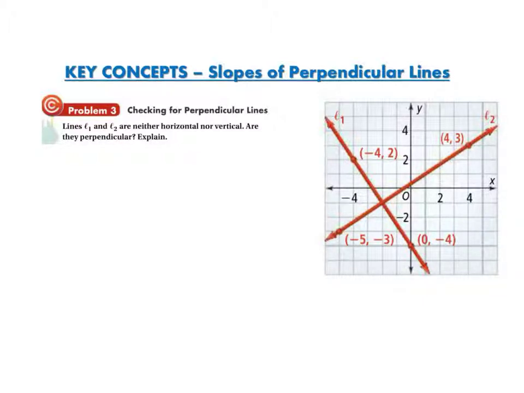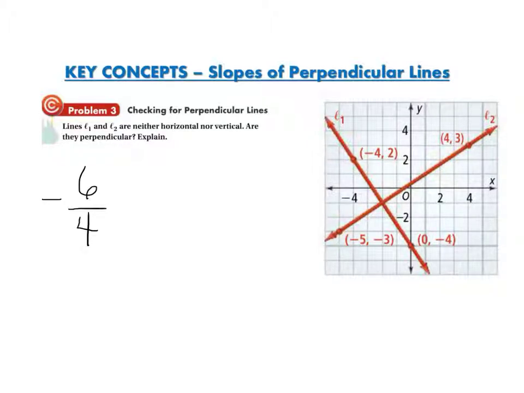We know that the slope of the line is negative because it's going down to the right. So we're going to mark that slope negative. So let's look at the difference in the y values. 2 to -4 is 6 spaces, and -4 to 0 is 4 spaces.